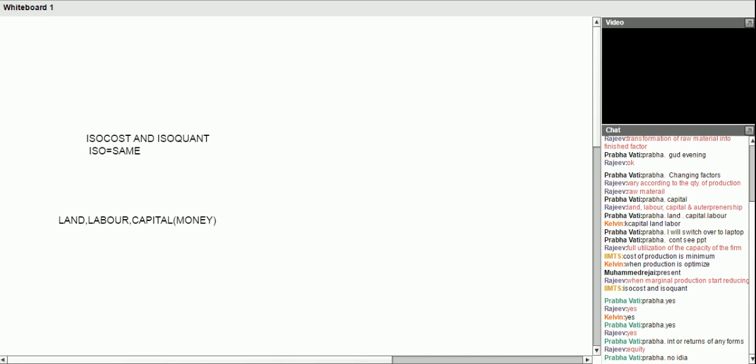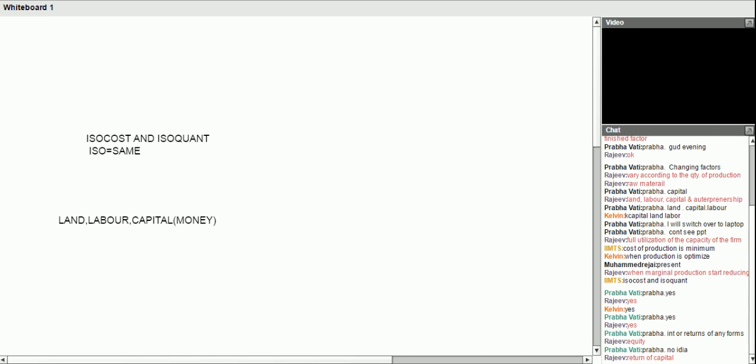Okay. So when the manufacturer is using his own money in the business, he is investing his money into the business instead of keeping that money in the bank. If he keeps the money in the bank, he is going to earn interest from the bank. Yes, returns on capital. So again, interest is the cost of capital for the manufacturer.